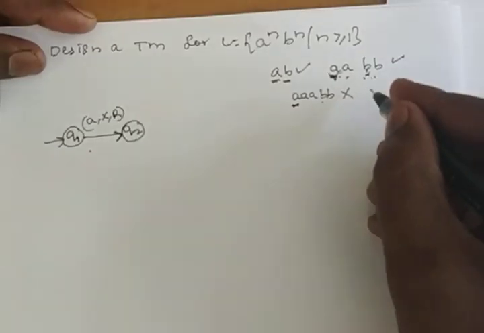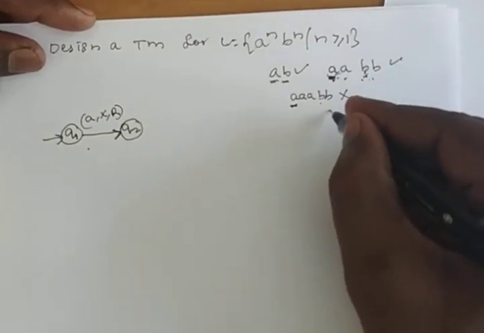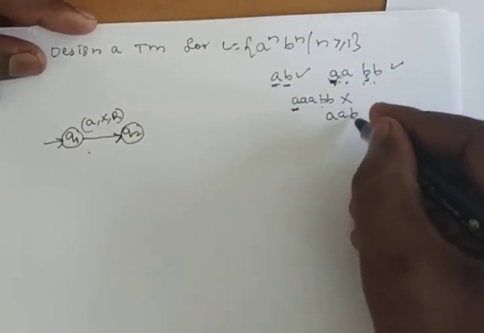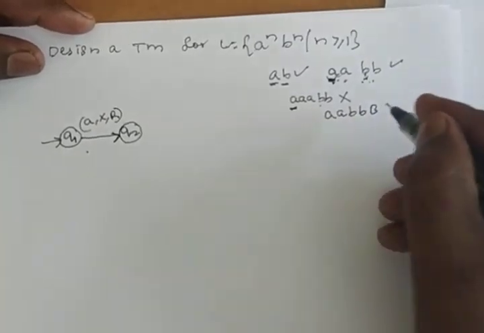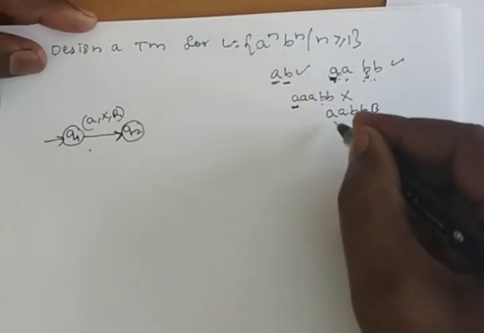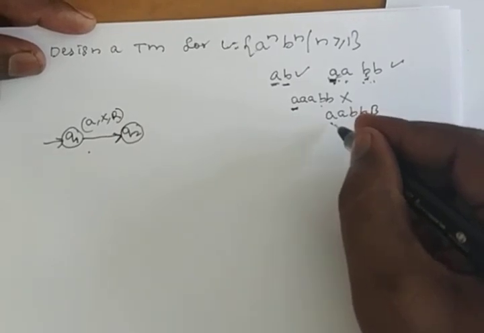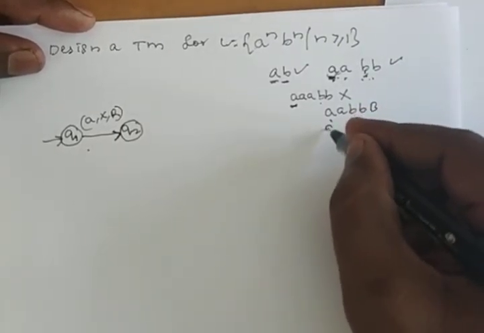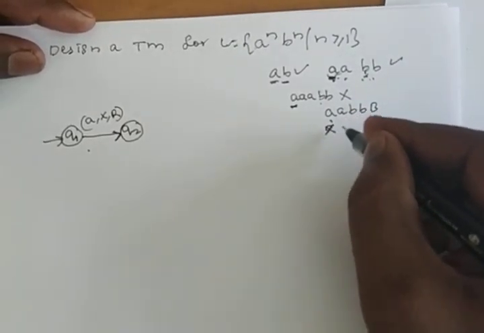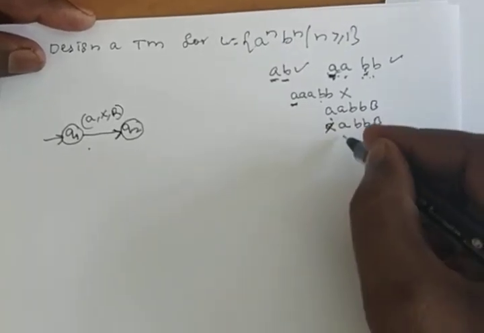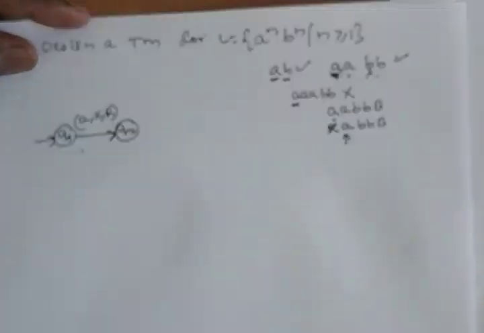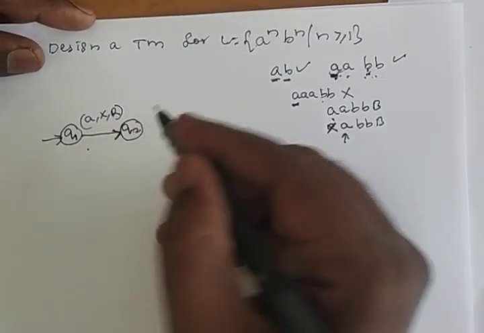When I move to the right, the input will be like this: A, B, B, and capital B, where capital B denotes the blank symbol. A is replaced by X, and to the right you have A, B, B, B, where the head stands on A. Now you are in the state Q2.